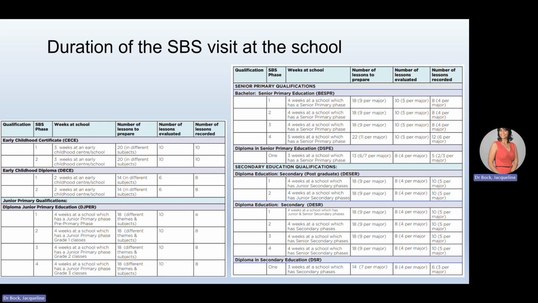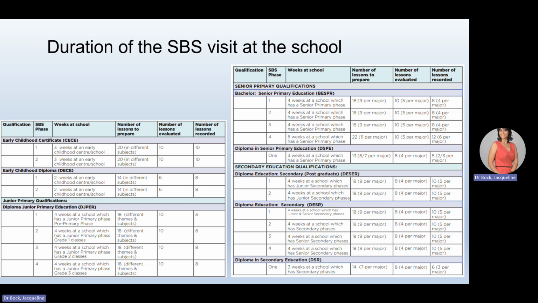You will then see a duration has been attached to that particular qualification. It will also tell you the number of lessons that you must prepare. Prepare is to write them out, and also the number of lessons that need to be evaluated. You will write out and you will present the lessons, but not all of them will be evaluated.